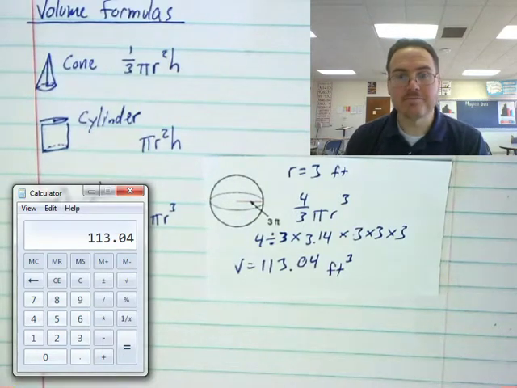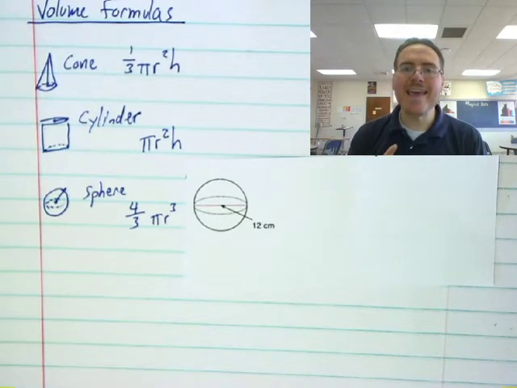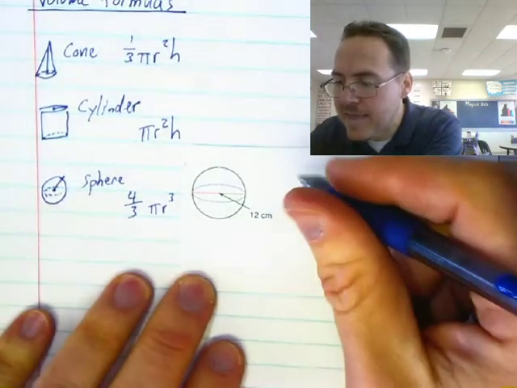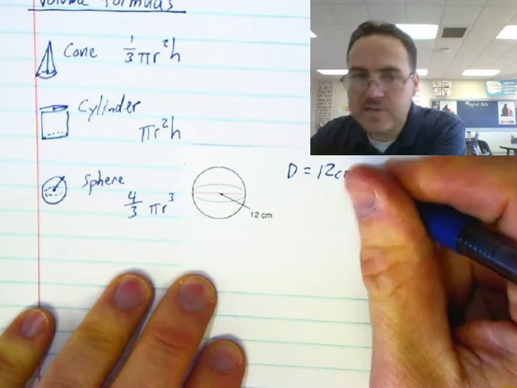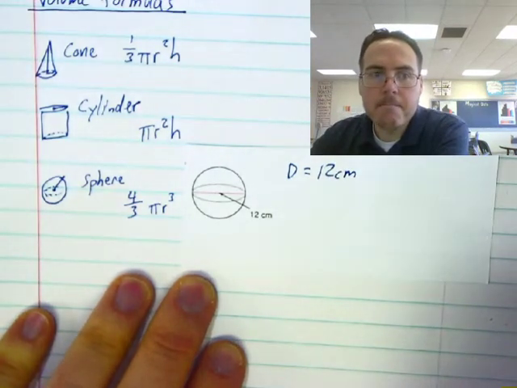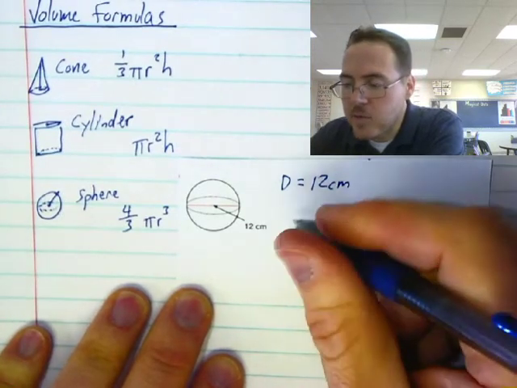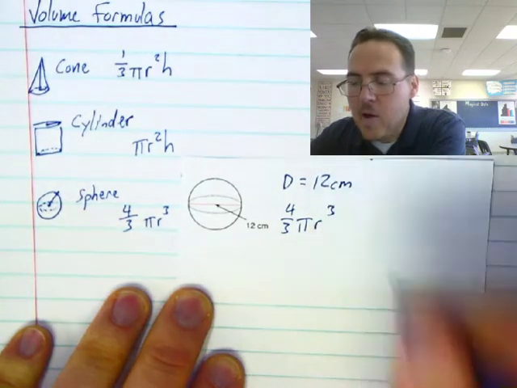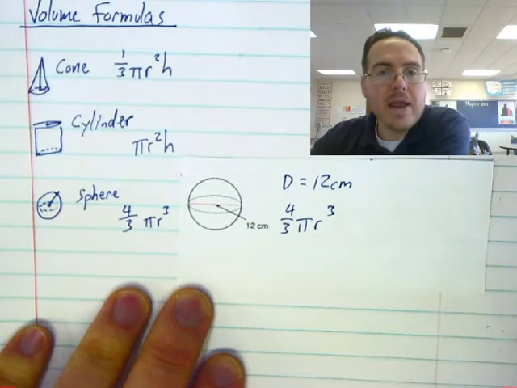Let's try another one. Okay, this sphere is very similar and yet slightly different. You see, they did not give us the radius. In this one, the given information in this picture, they tell us that the diameter is 12 centimeters. So when I write down the formula, 4/3 pi r to the third power, I say to myself, goodness, this would be easy if only they told me what the radius was.